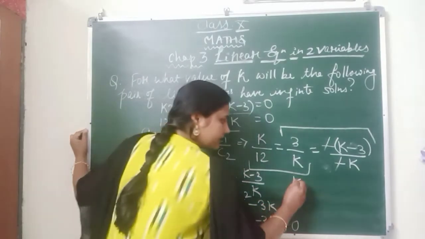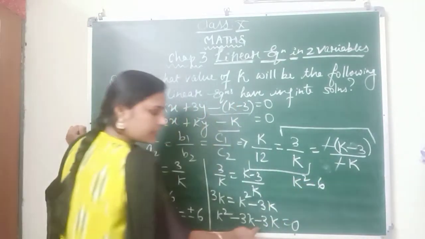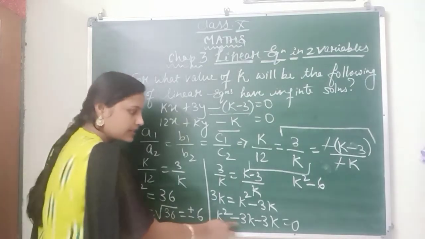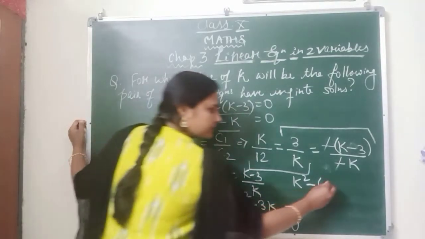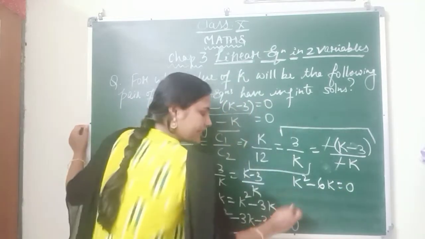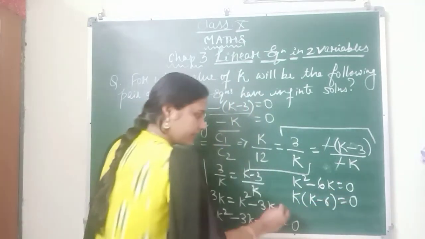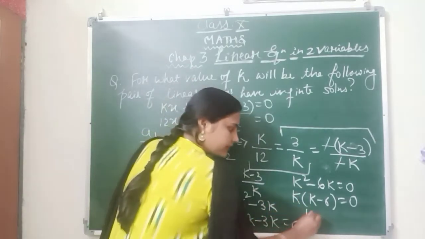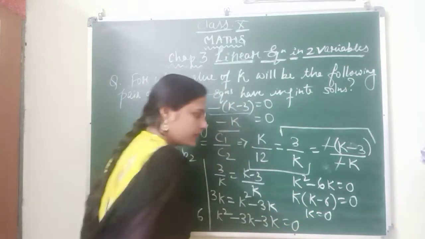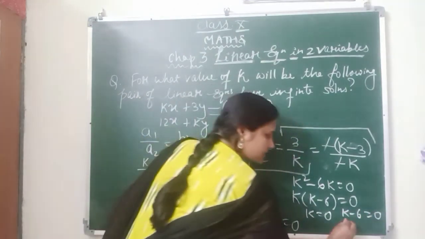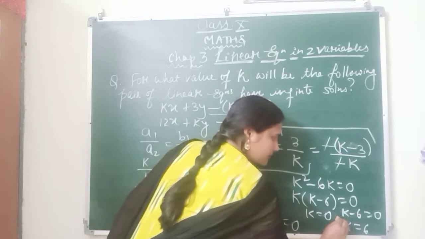Same signs, add the numbers: 3 plus 3 is 6, and the common sign is minus. So k square minus 6k equals 0. You can take k common out, leaving k minus 6. Then either k is 0 or k minus 6 is 0, so k equals 6.